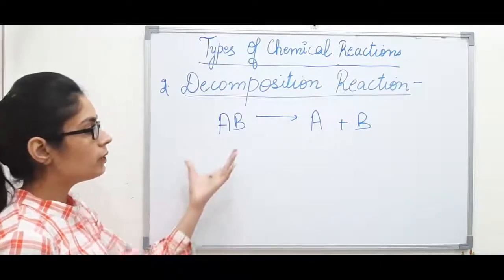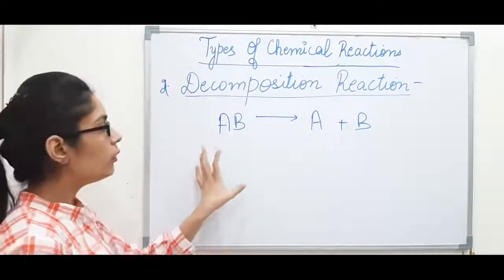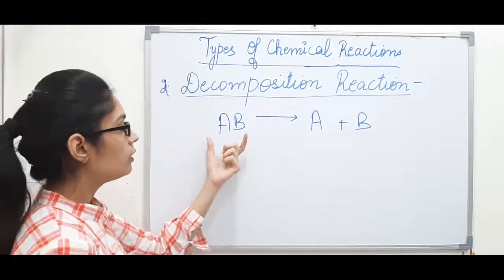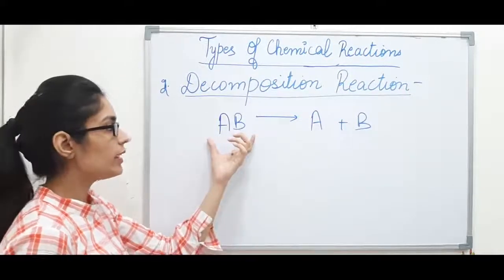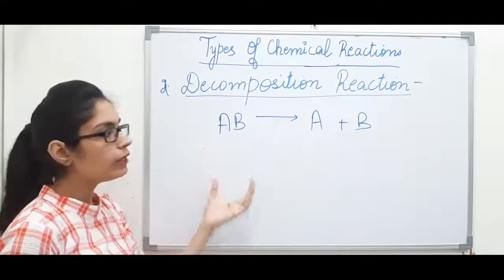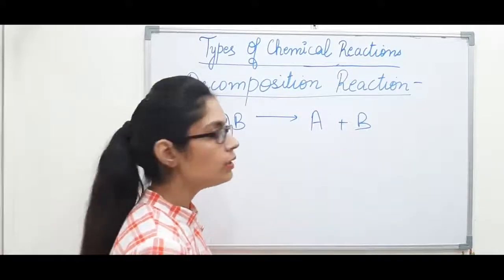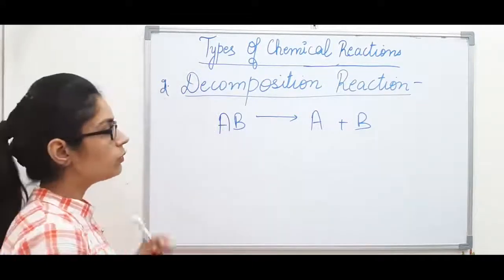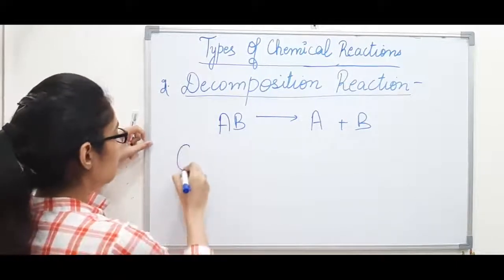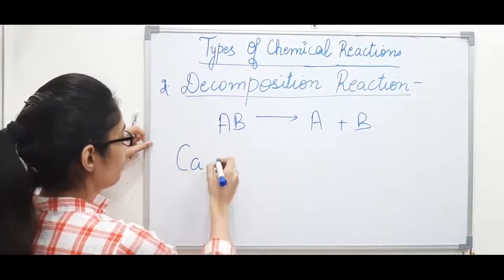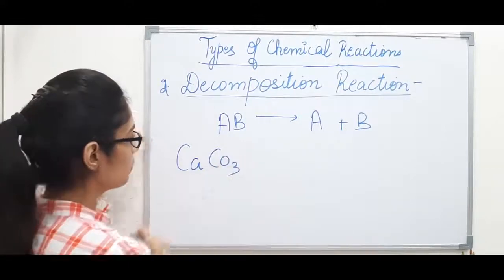In combination, addition was taking place. Now in decomposition, the big or complex reactant will be broken down into two simpler products. So let's take an example. The first example we will take is calcium carbonate, CaCO3.